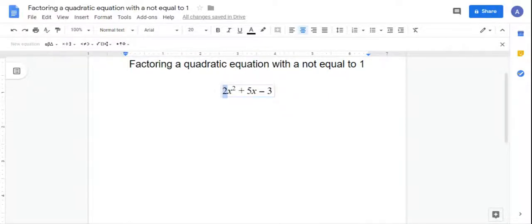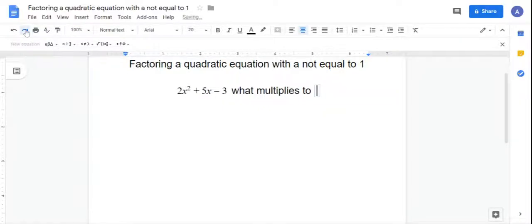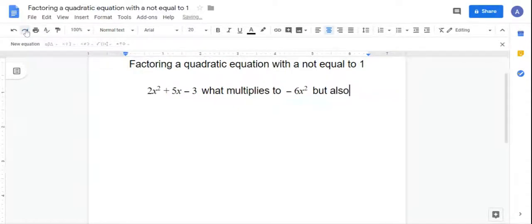The very first thing you want to do is ask yourself, what multiplies to negative 6x squared, yet also adds to produce a positive 5x?